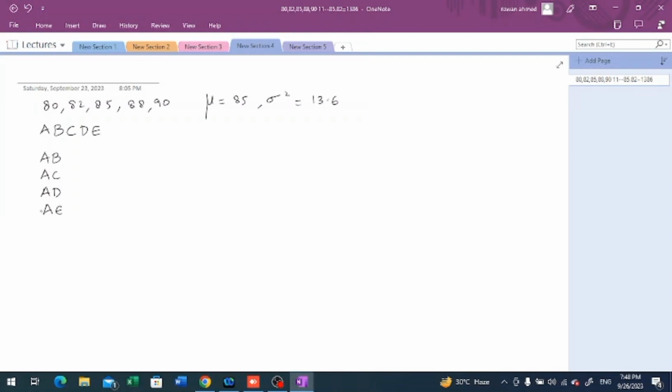Starting with A, the second letter can be B, C, D, or E, then B with C, B with D, B with E, then C with D, and C with E.